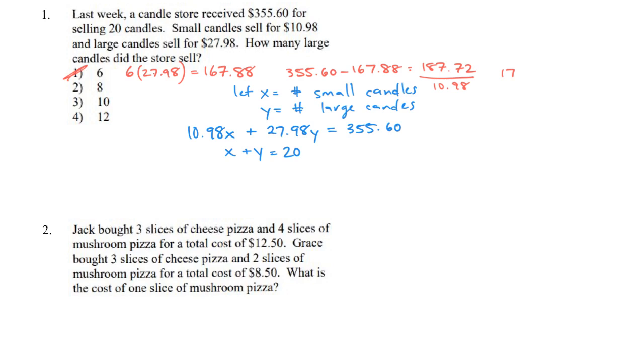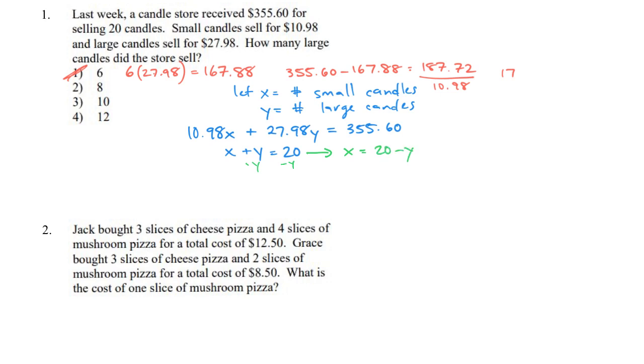So now I can solve this a couple of different ways. I can solve it by elimination, or I can solve it by substitution. Because I see in this second equation that x and y are basically by themselves, I'm going to solve this by substitution. So I'm going to subtract y from both sides, and so x itself is now 20 minus y.